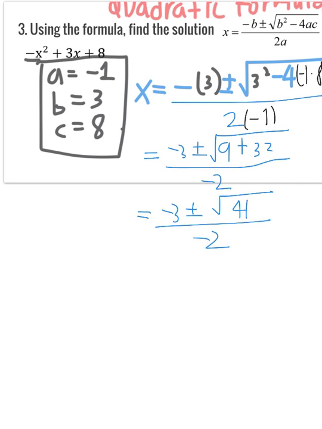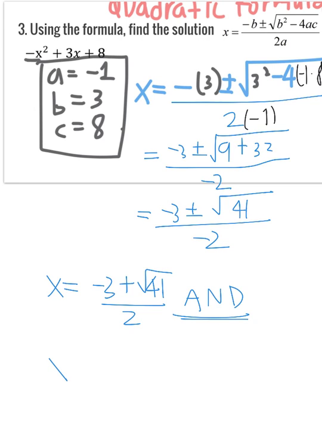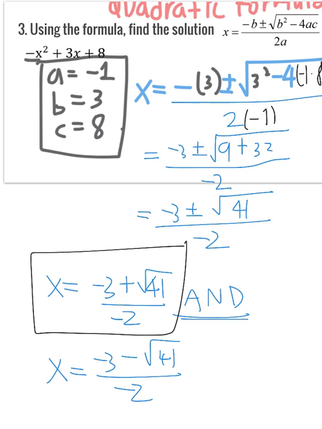So x equals negative 3 plus the square root of 41 over negative 2, and because we have two solutions, x equals negative 3 minus the square root of 41 all over negative 2. Sorry, I forgot the negative sign. So we have two solutions using the quadratic formula. It does indeed give us two different solutions.